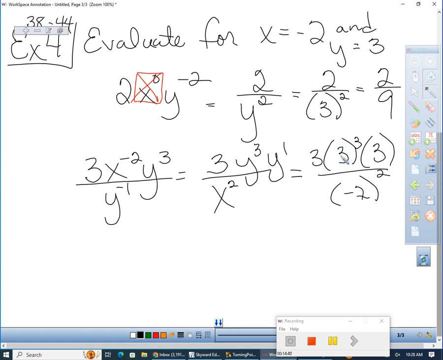This one right here is 3 times 3 times 3 times 3 times 3. So there's 5 of them, right? And that's what, 243? Thank you. 243 over, what's negative 2 to the second in parentheses? It is positive 4, and you're done.